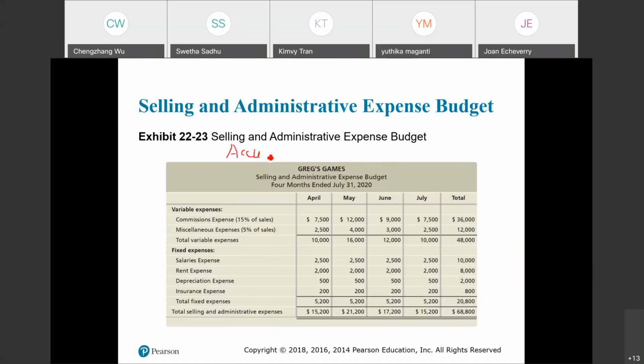All of them are based on accrual basis. I believe everybody understands what accrual basis is, right? That means here the expenses incurred in this month, but the actual payments can be incurred in the next month.